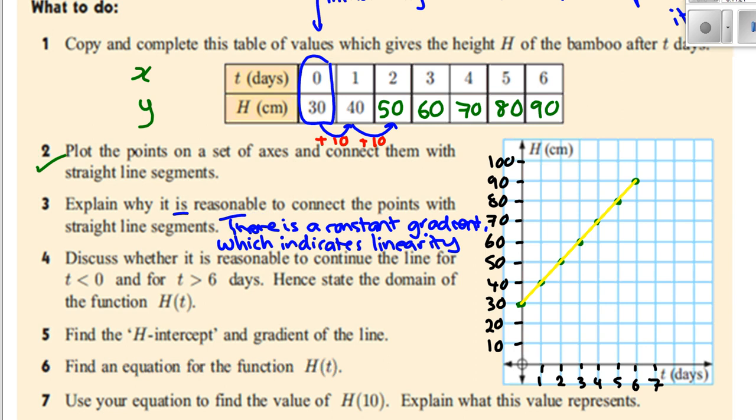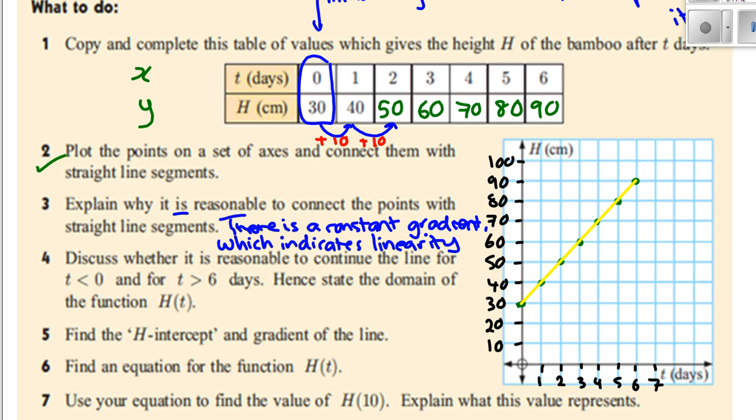So there's a constant gradient, it's going up by a constant amount. If you go across by 1, it goes up by the same amount each time, which indicates linearity. If it wasn't constant like that, it might not be linear, it might be quadratic or cubic or something else. That'll do for now.